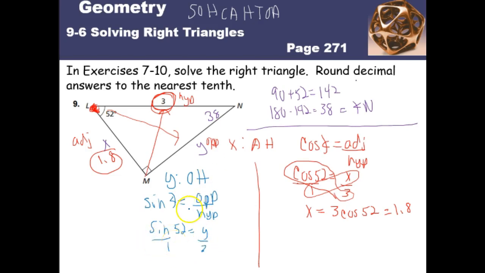And then I cross multiply, and 1 times y is y, and this is messy, but this is 3 sine 52.